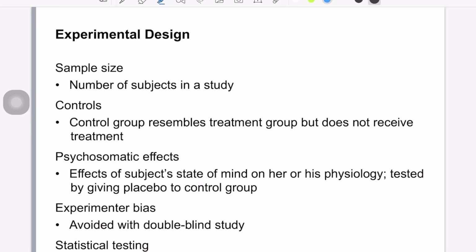Now, experimental design. There are a number of things you should be aware of. When you put together an experiment, it has to have a certain amount of rigor. It has to be as tight as it could be. And of course, some of the key things to consider are sample size. Let's take the example of developing a vaccine for COVID. If I only inject the vaccine into 3 people and then try to figure out how it works, I tried it in 3 people.